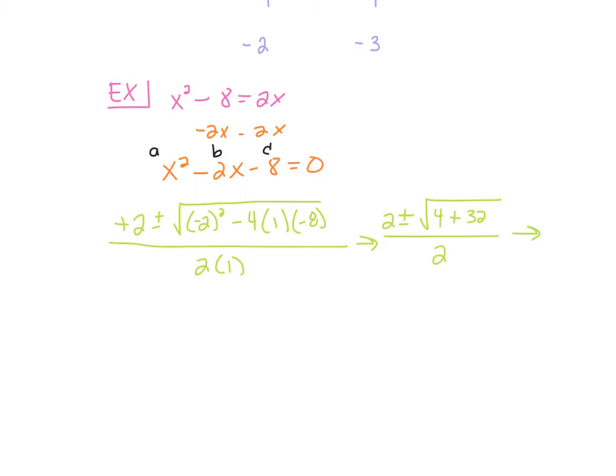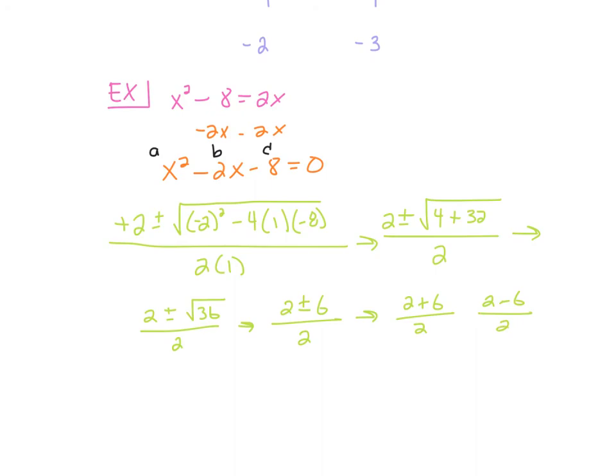All right, 2 plus or minus the square root of 36 divided by 2. 2 plus or minus 6 divided by 2. 2 plus 6 divided by 2, and 2 minus 6 divided by 2.